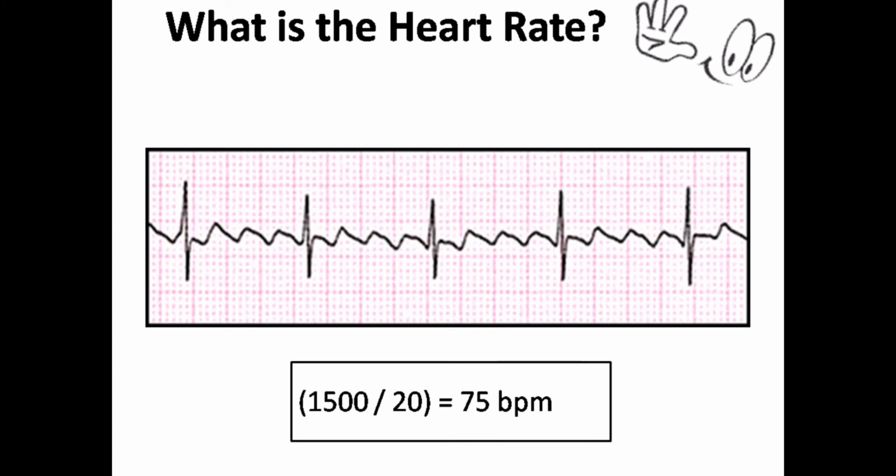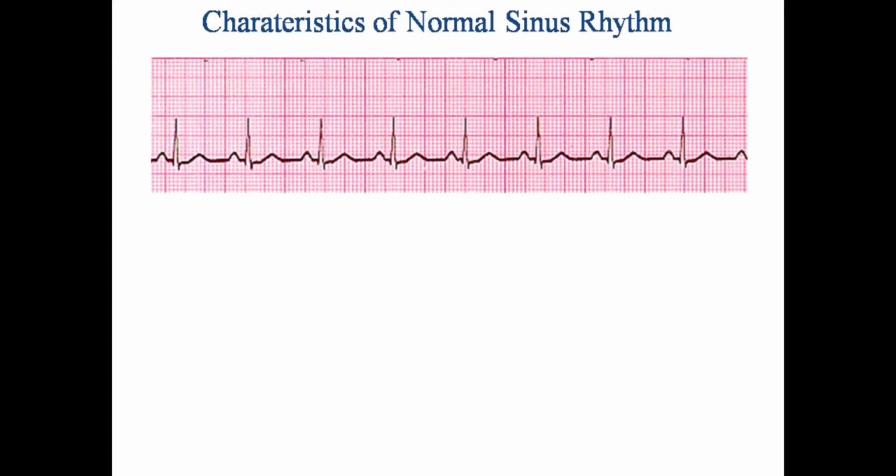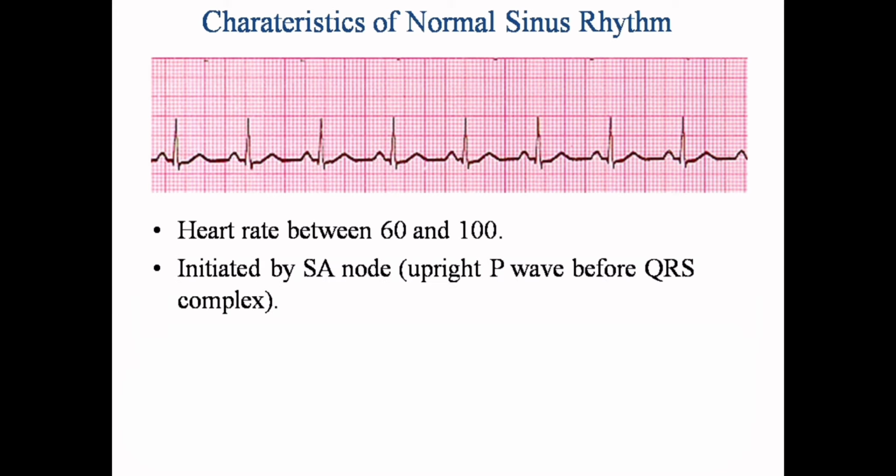So let's see the characteristics of normal sinus rhythm. The heart rate will be between 60 and 100, and it is initiated by the SA node. An upright P wave before the QRS complex is always seen.